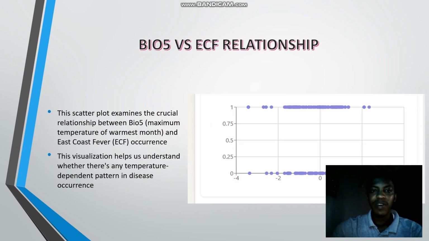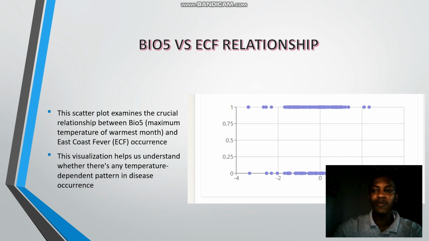Next, we're going to talk about the Bio5 versus the ECF relationship, where this scatter plot examines the relationship between maximum temperature Bio5 and the East Coast fever cases. If there is a temperature-dependent pattern, it could help in predicting the disease hotspots.